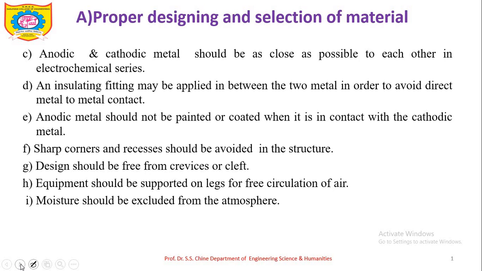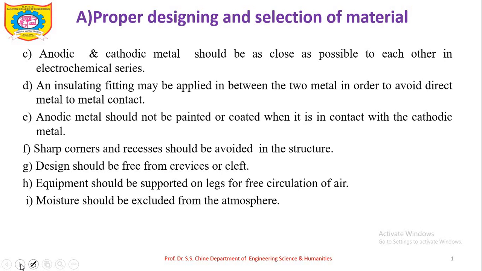Now if you are going to select 2 different metals for an application, they should be close to each other. Suppose you are taking iron and copper, there is less difference in their electrode potential. But if you take zinc and copper, in between them iron is there, which indicates that the difference is more.